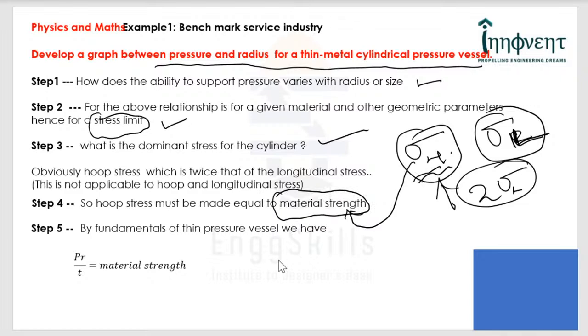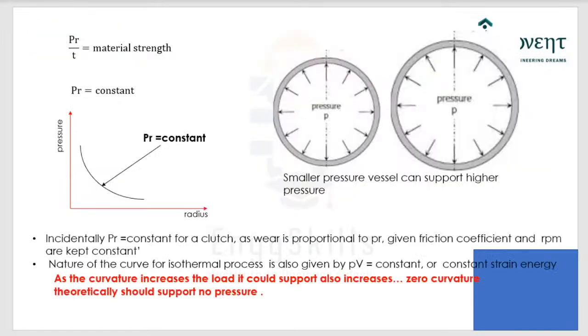Now, the formula is obvious, PR by T, it can be easily derived, a standard textbook formula, and that is equated to material strength. And now, since I have assumed T to be constant, we now get a relationship that is PR is equal to constant.